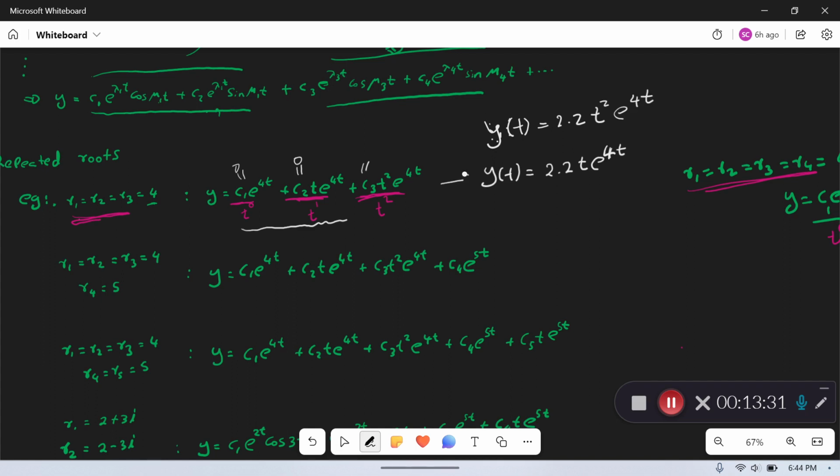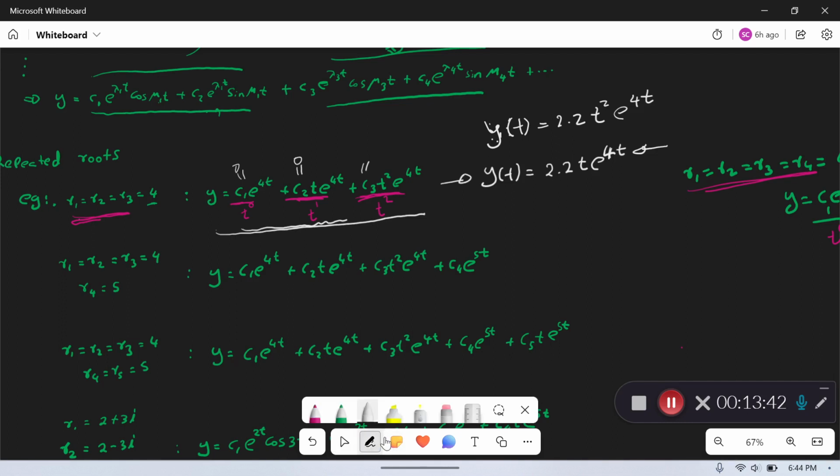But now suppose you have something like this. If you think about this equation, you can see that you obtain 2.2 by equating this to 0, this to 2.2, and this to 0, right?